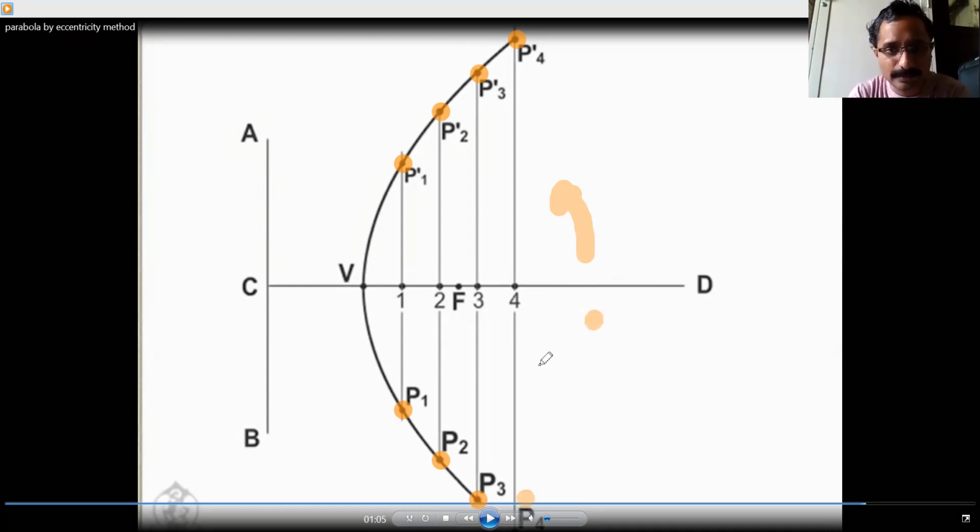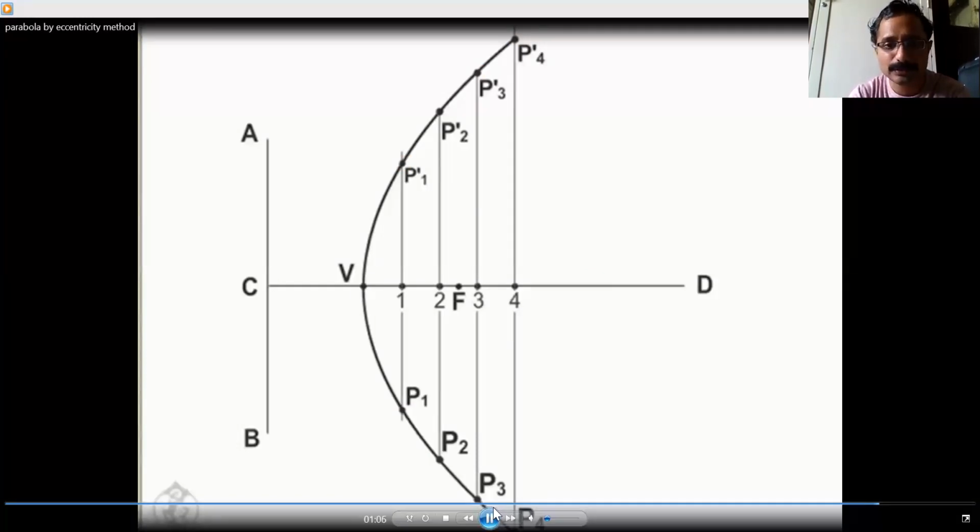If you join all these points and draw a smooth curve passing through the vertex, it is nothing but our required parabola by using the eccentricity method. So this is the final solution. In this way, construction of parabola by using the eccentricity method is observed. Okay, students, thank you one and all for listening.